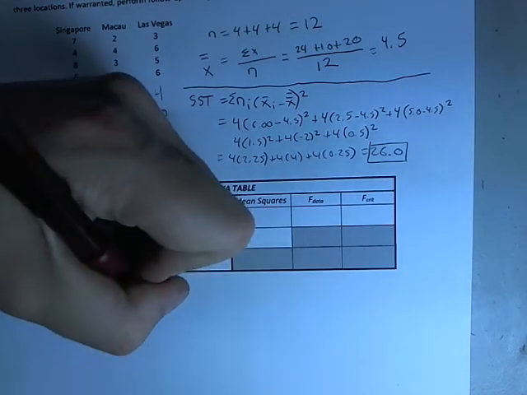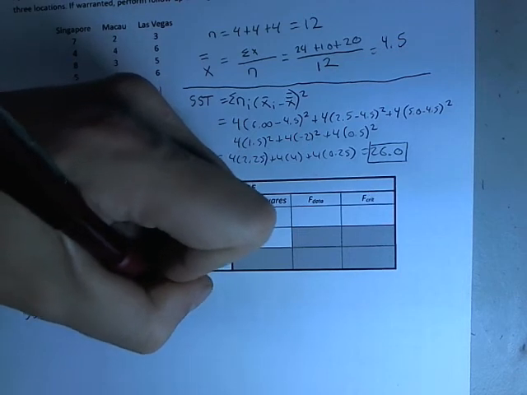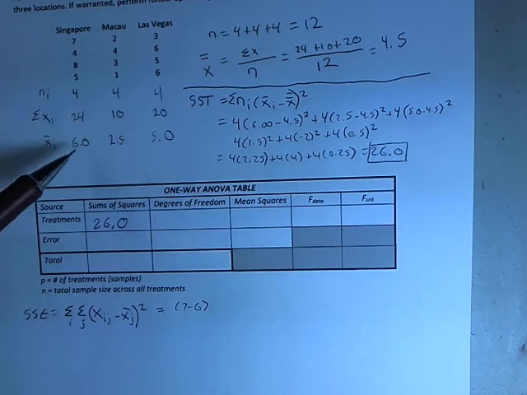So we'll go ahead and start jotting this down. Our first value is 7 with that sample mean of 6.